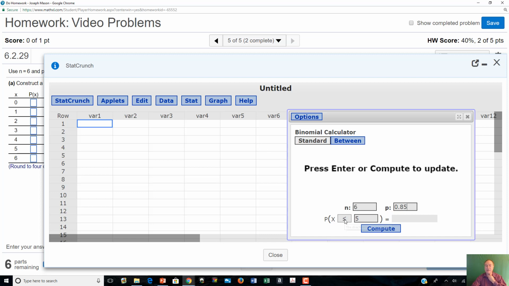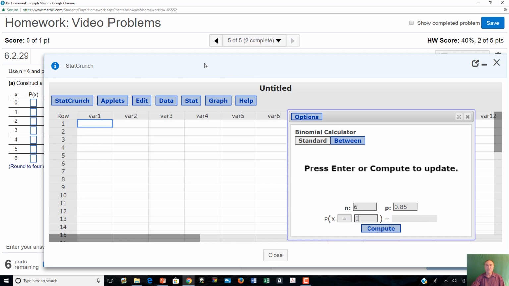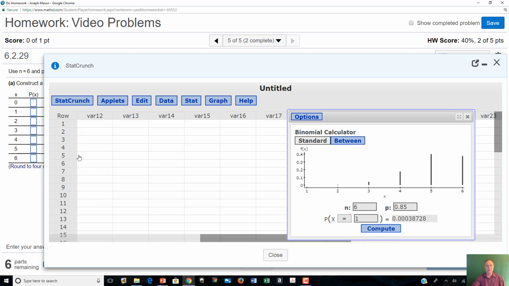Now if I change the inequality to equals, and I change this to a 1, unfortunately this is going to be a slow process, because you will have to hit Compute each time, and they want 4 decimal places.